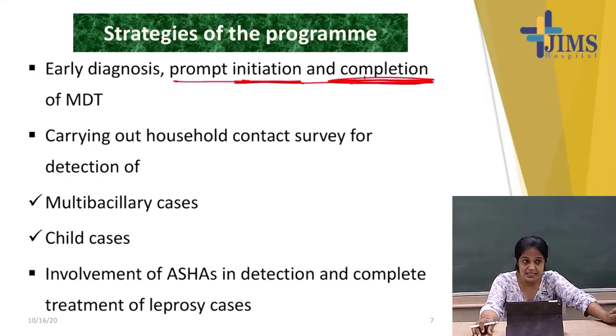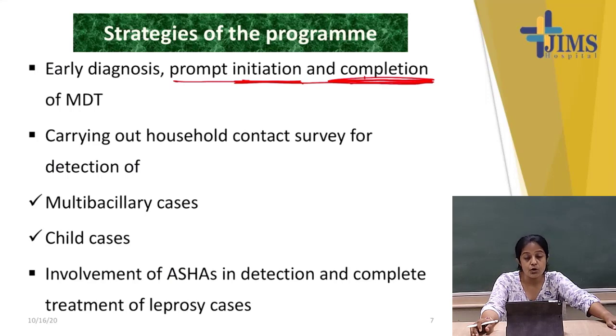For multibacillary leprosy, the treatment duration is 12 months, so the 12 months of multibacillary drug therapy has to be finished within 18 months without any drug interruption of more than 2 months. These are our protocols for drug treatment completion.